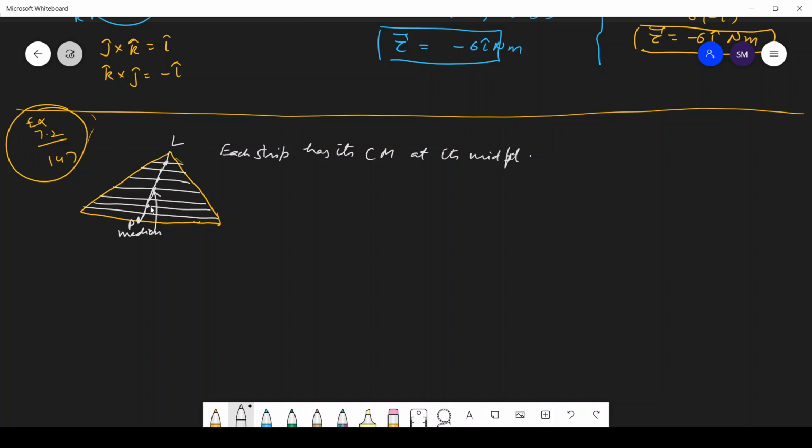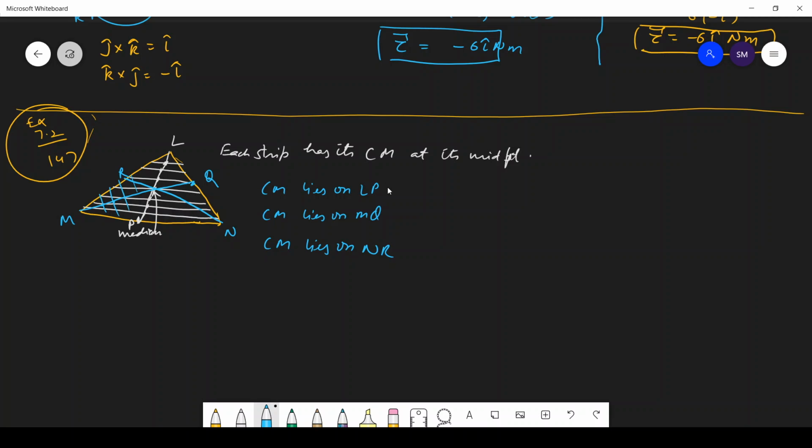Similarly, if we draw a median MQ, making strips here the same way and joining the midpoints, we get the median MQ. So the center of mass lies on LP, on MQ, and on NR also, right?